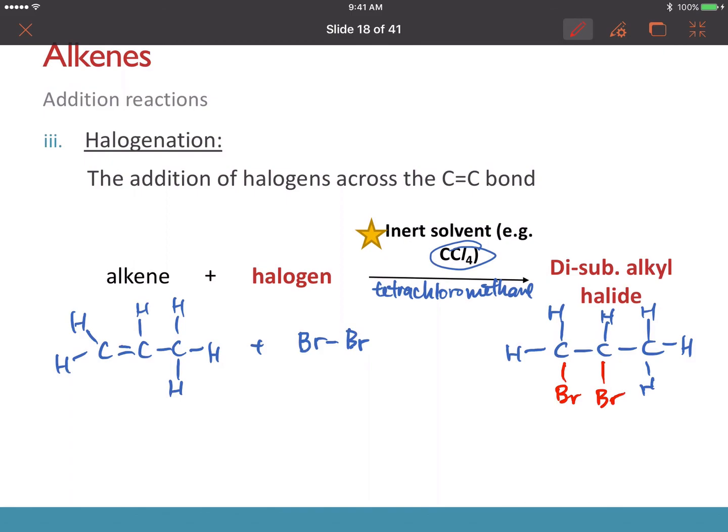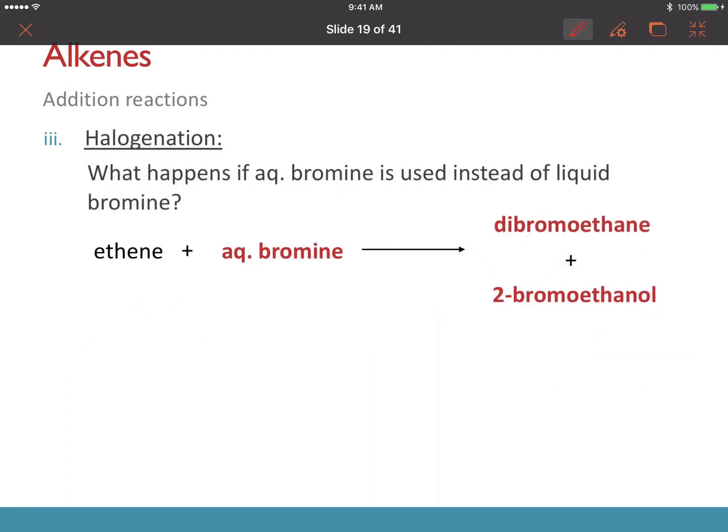So, yeah, that's it. You must remember that for this to happen, we must use an inert solvent like tetrachloromethane instead of water. Why is that so? Okay, if we use aqueous bromine instead, we may get two possible products. This is because water becomes able to interact with the reaction as well.